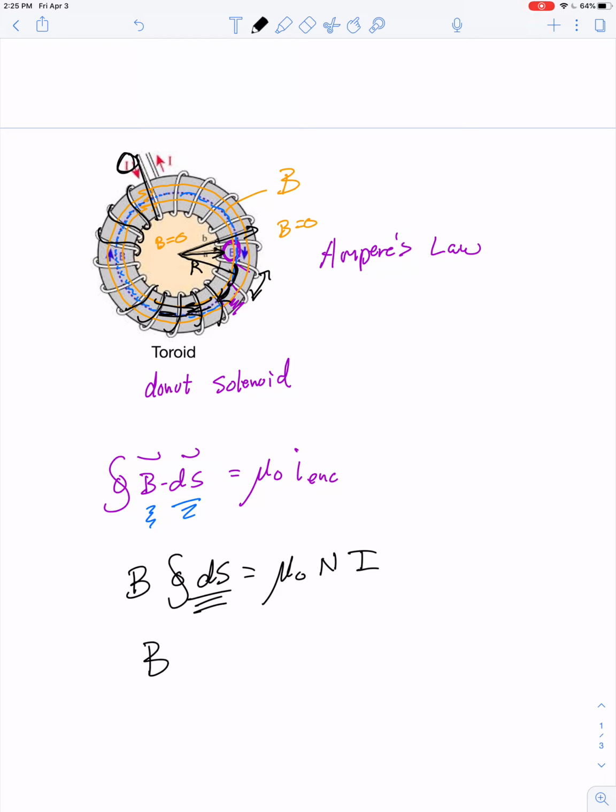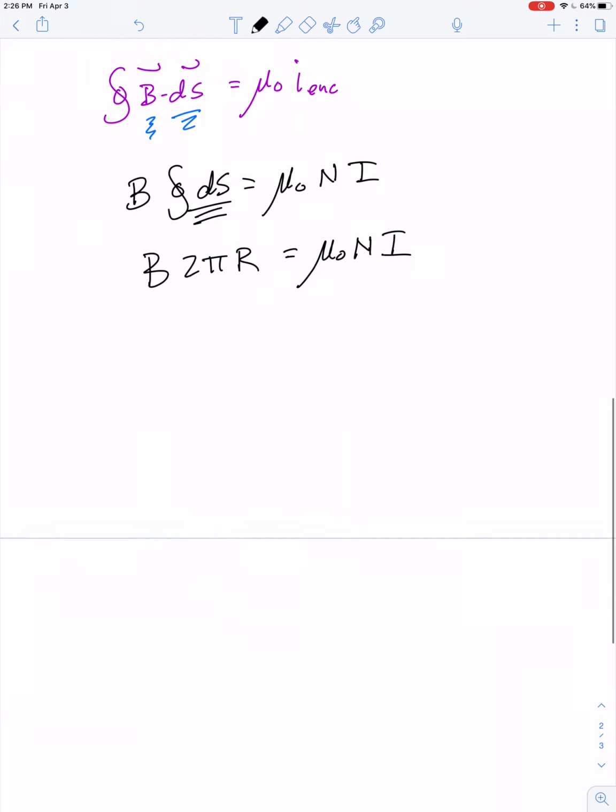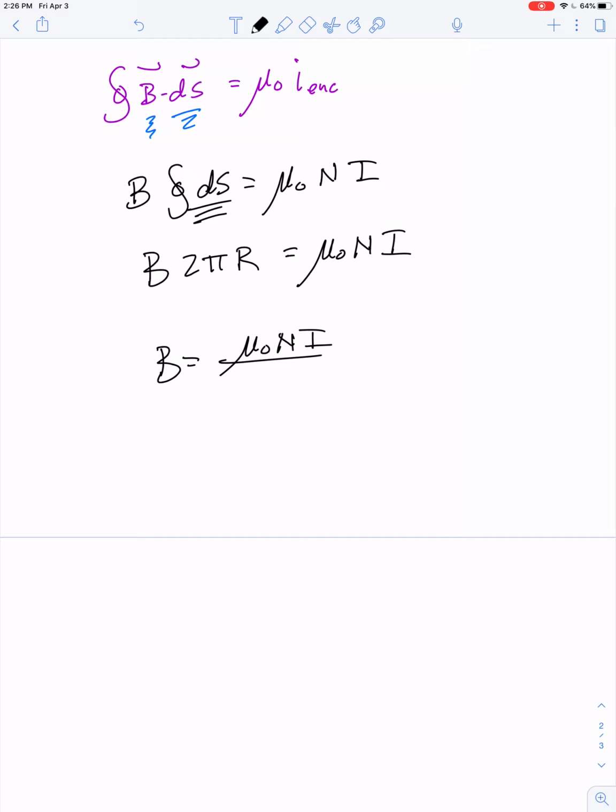But if the width or the thickness t is much, much smaller than R, then we can neglect the difference between a and b and just approximate by measuring to the middle. And so the distance for our Amperian loop is 2 pi r. So B times 2 pi r equals mu naught N I. So B is equal to mu naught N I over 2 pi r.